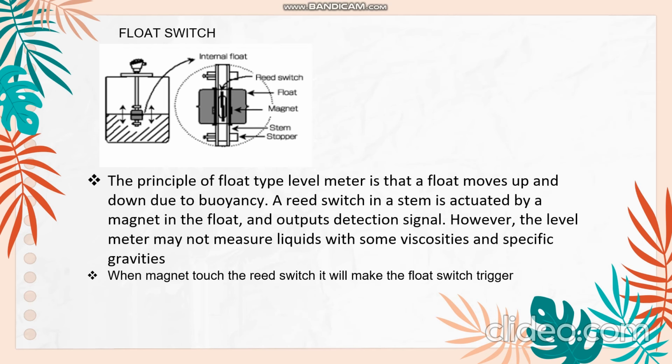A reed switch in a stem is actuated by a magnet in the float and outputs a detection signal. However, the level meter may not measure liquid with some viscosity and specific gravity. So to simplify it, when the magnet touches the reed switch, it will make the float switch trigger.